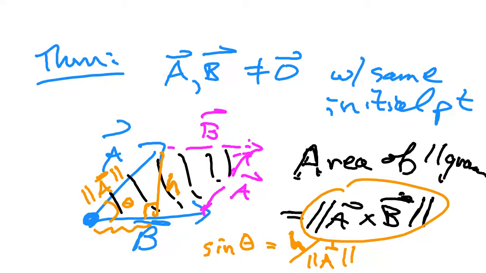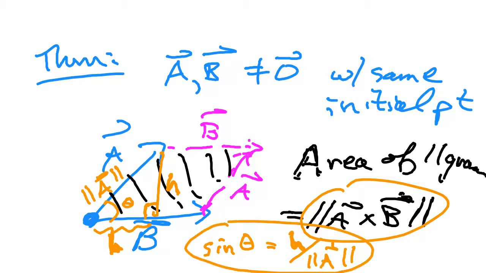Because we don't know how far that distance is. I suppose we could figure it out using Pythagorean's theorem, couldn't we? I don't really want to. But if I called this little b for the portion of the length, then b squared plus h squared equals the norm of A quantity squared. But I'm not gonna do that. I want to use this somehow.